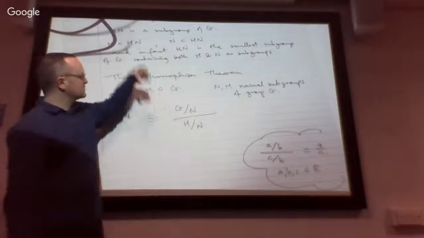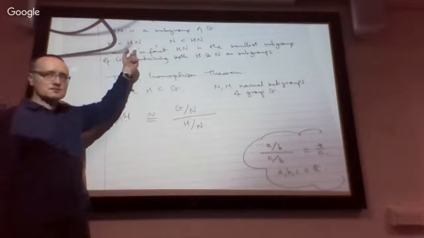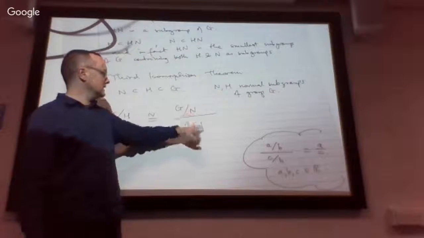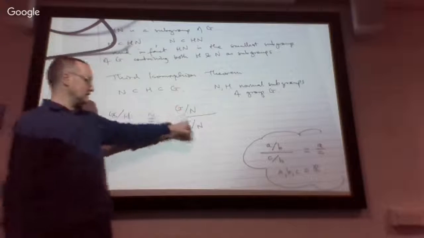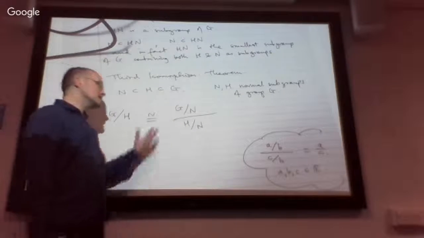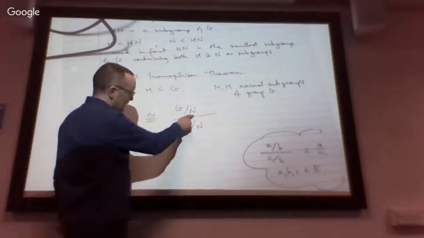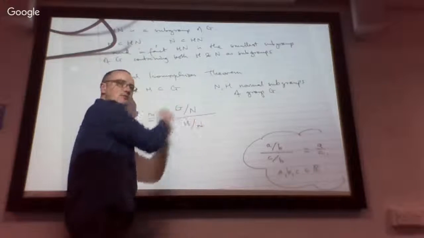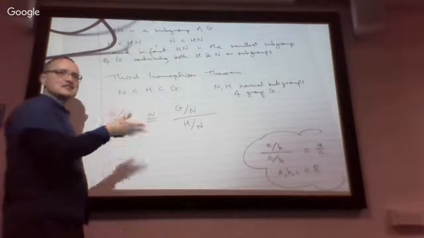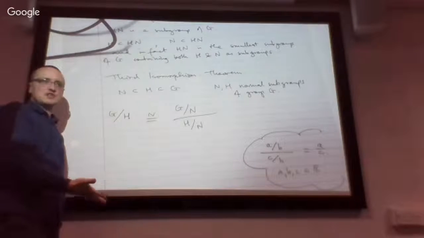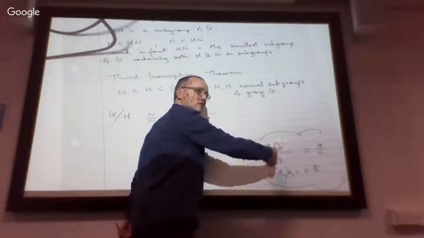That fact was proved in the previous correspondence theorem, that H mod N is a normal subgroup of G mod N. So this is a valid factor group construction, and naively you think, oh well, you're dividing by N there, you're dividing by N there, those two operations cancel out, so you're just left with G divided by H. That's the kind of reasoning you'd want to be very suspicious of, because you're treating them as normal numbers in division.